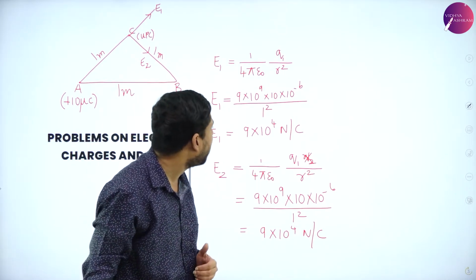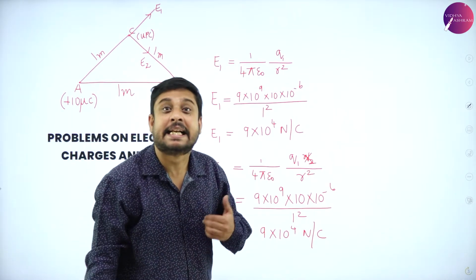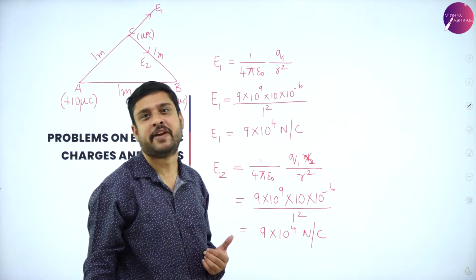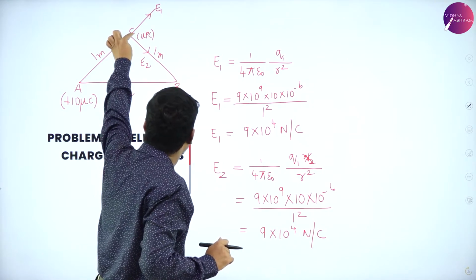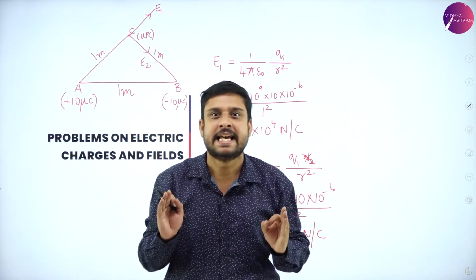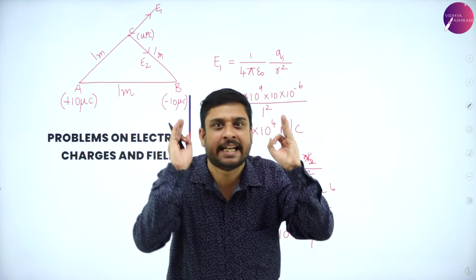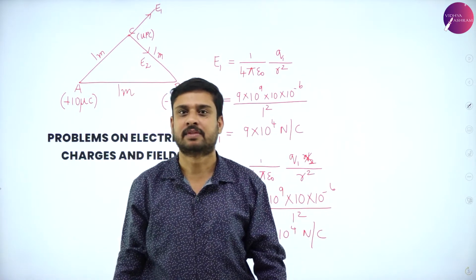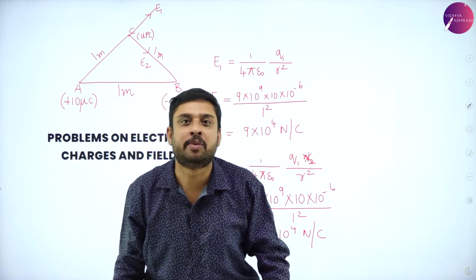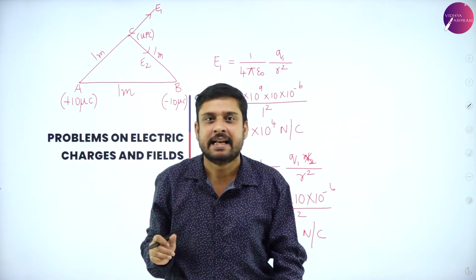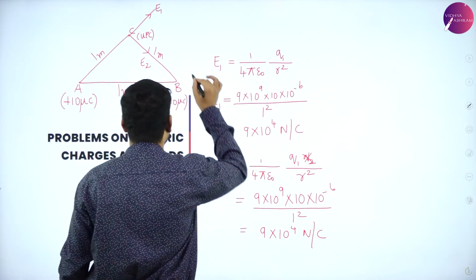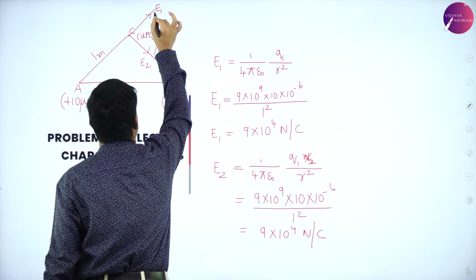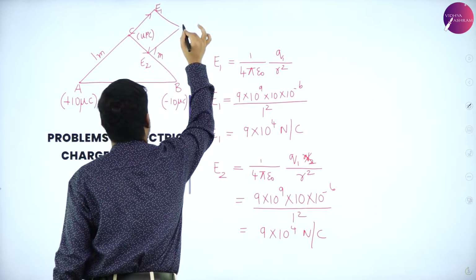Now, how will I find the resultant electric field? Good. There are two vectors, E1 and E2, acting at a common point C. Can I not use the parallelogram law of vector addition? Construct a parallelogram here.